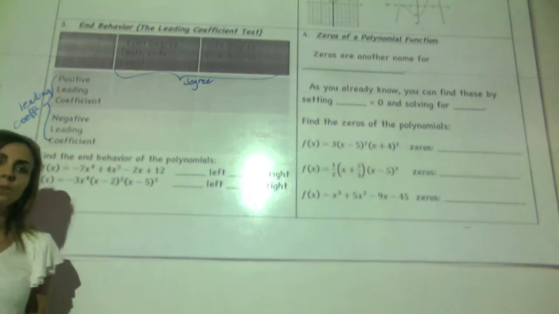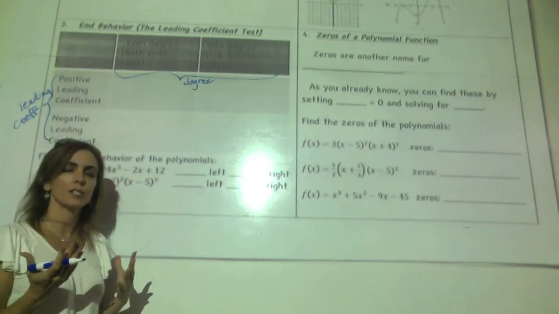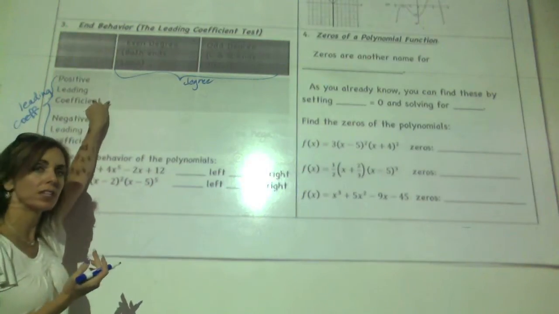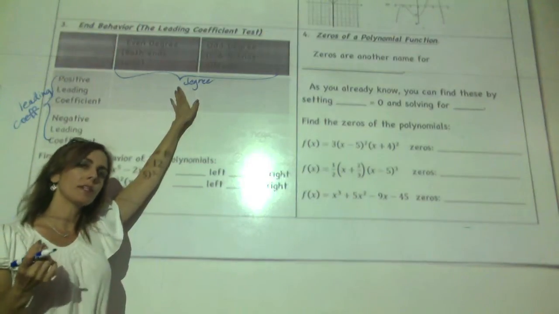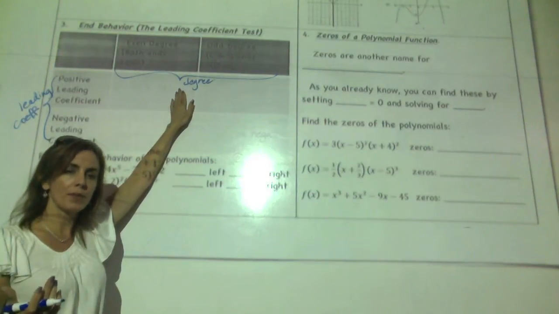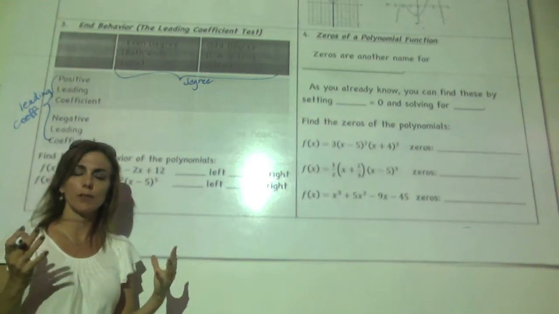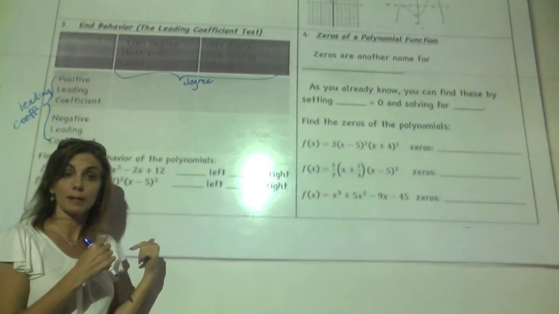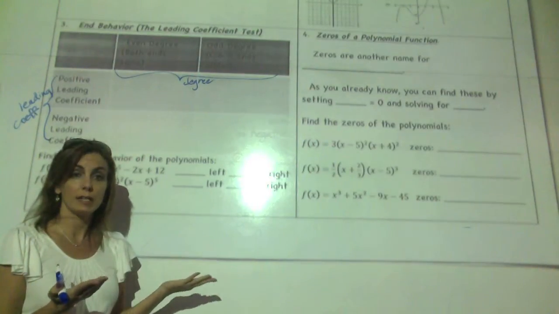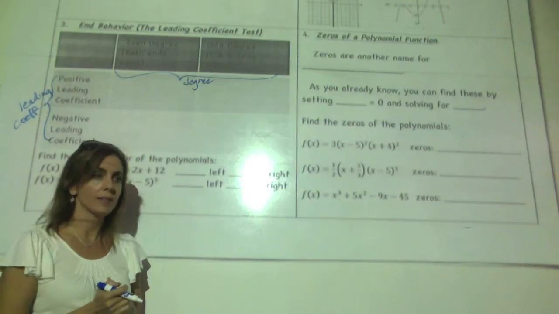Okay, so let's consider something where we have a positive leading coefficient and an even degree. Well, this is going to behave the same no matter what the degree is and no matter what that leading coefficient is, as long as they follow those criteria. As long as the leading coefficient is positive and as long as the degree is even. Well, I think we already know a function that is that way.